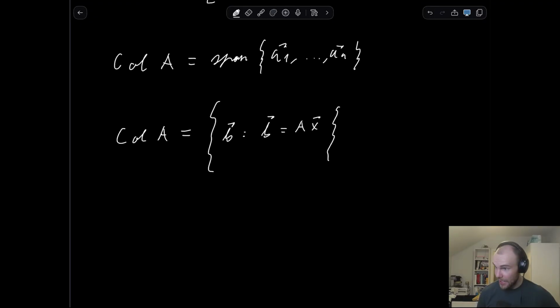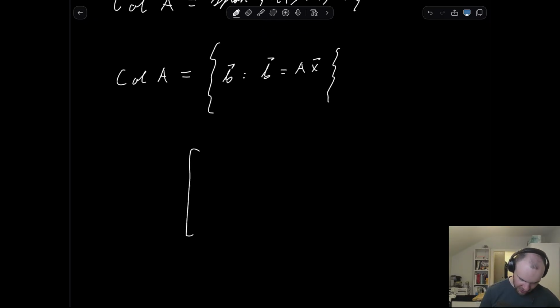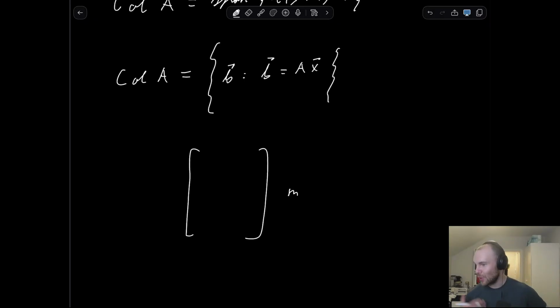And why b? Why b like that? Because actually the output b here is of course a part of that space. Remember, the columns here, all of them are going to have m rows, and the linear combination of them also belongs to the span. That's why we use b here in that definition, because that also belongs to the column space, right? Pretty cool. Okay.